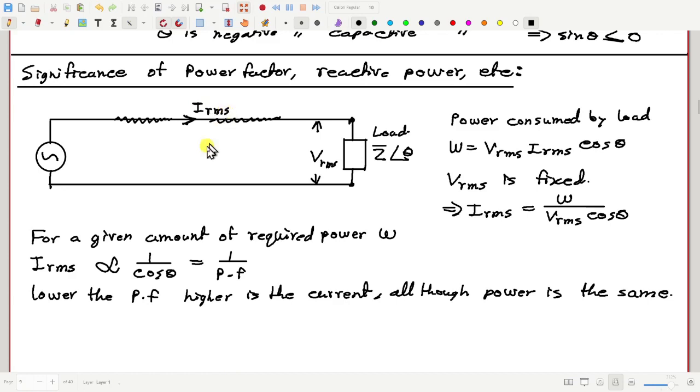Okay, now the transmission line also has some resistance. So if IRMS is higher, power loss in the transmission line will be more.